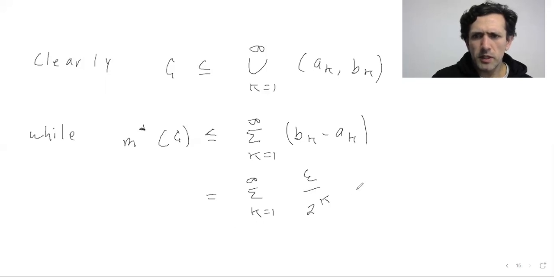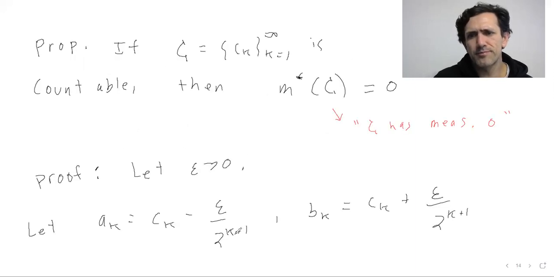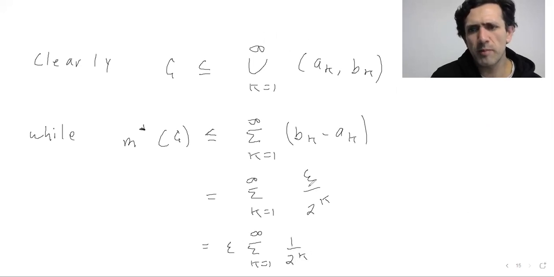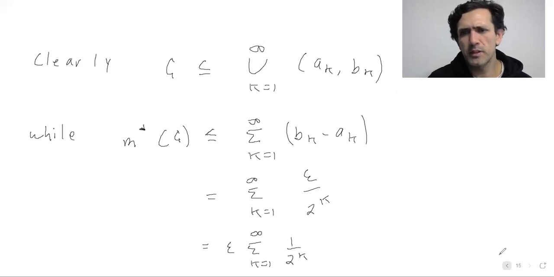The reason we want 2 to the k, actually it doesn't matter if we do 2 to the k plus 1 or anything we want, is that we really just want this to sum up to epsilon times 1. However you want to do it doesn't matter. Probably the simplest way is just doing epsilon like this.